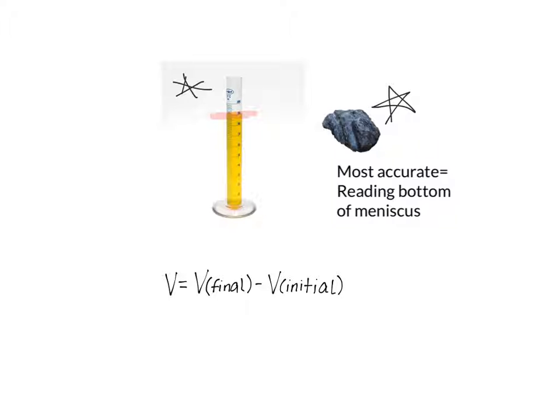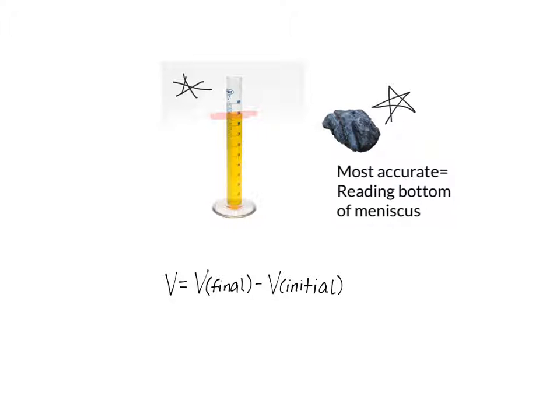You can also just take liquid displacement without dropping a solid in. So if you're going to try to measure the volume of a solid, and sometimes we do that when the solid is irregular sized like a rock, we would fill up the graduated cylinder and take that initial volume, whatever it is, by reading the bottom of the meniscus. It's probably going to be in milliliters. So this one looks like it's about 90 milliliters in the picture. And then if I were to drop the rock in, however much it moves up, that would be the volume of that rock.